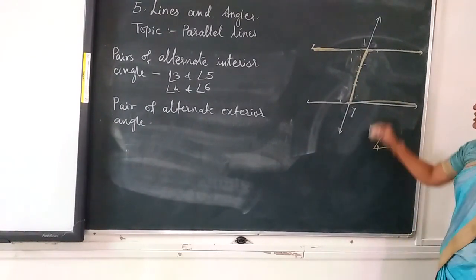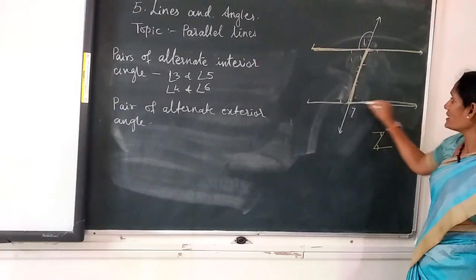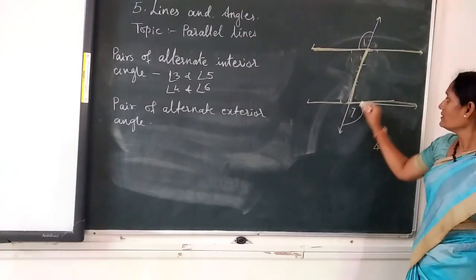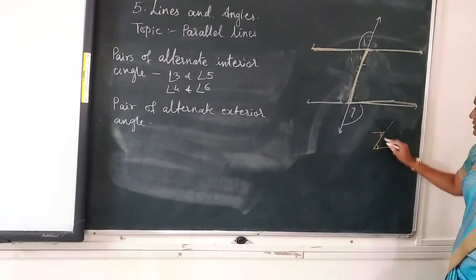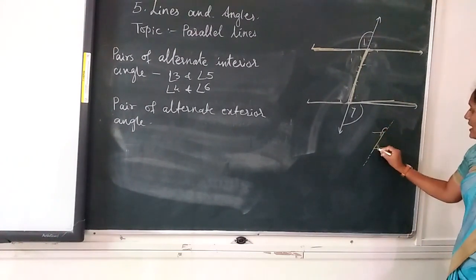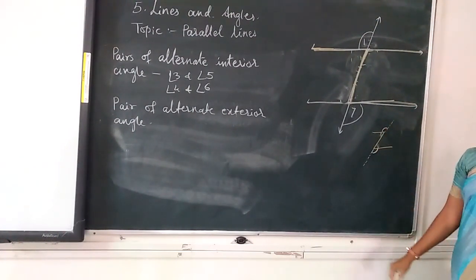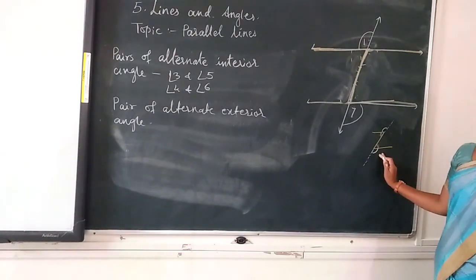Now if you observe this angle, where is it? Above this Z. And where is this 7? Outside. If I extend this, this is just a rough sketch, this angle and this angle are equal, and these two angles are known as alternate exterior angles.